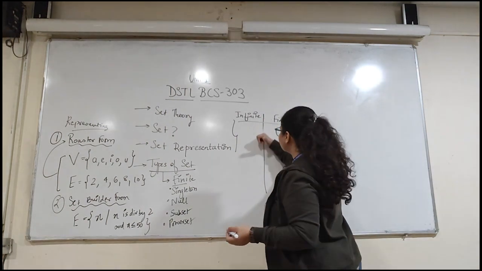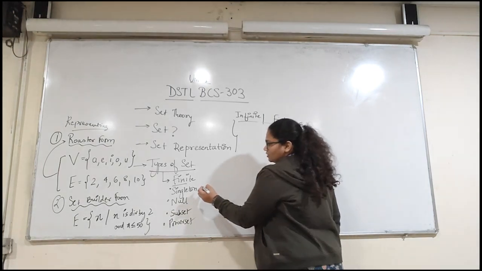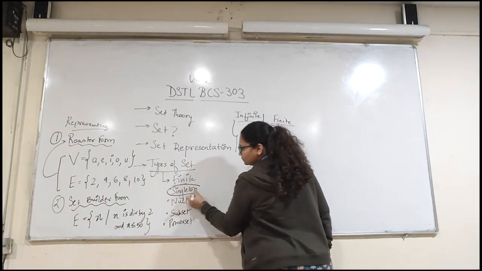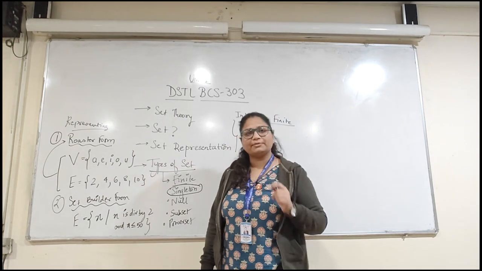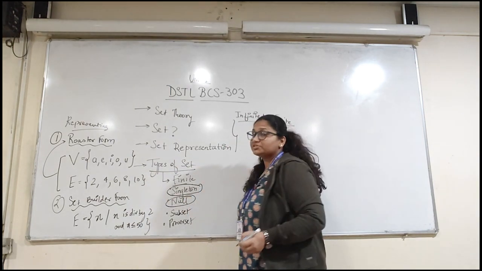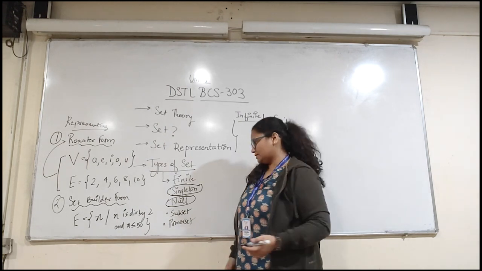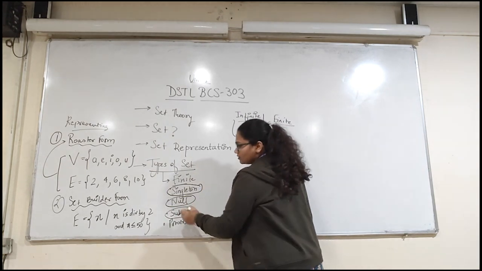Then under finite set, we have multiple types of sets. First one is singleton. As the name suggests, it only has one element in it. Next is null, which has no elements in it. Then subset.